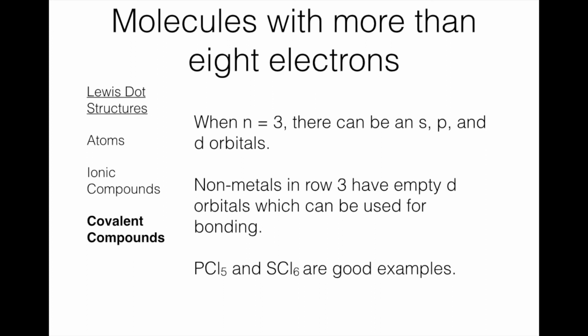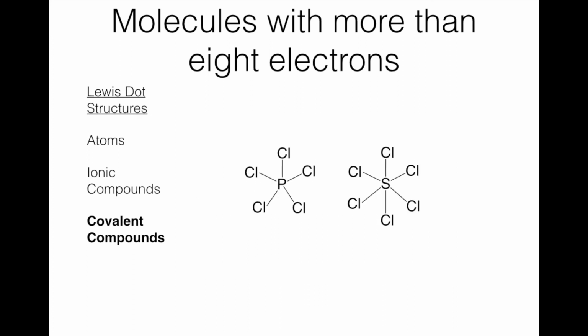So PCl5 and SCl6 are both good examples. Here we have PCl5 and SCl6. I didn't draw all the lone pairs in, but each chlorine would have 3 lone pairs of electrons around it. And you'll notice that phosphorus and sulfur each have more than 8 electrons around them.